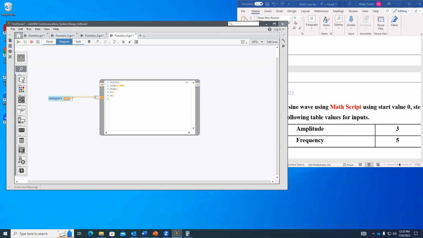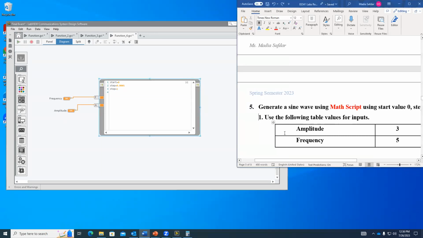This is variable F, or you can write it frequency. Then amplitude, create input A for amplitude. Then you will remove it from here.